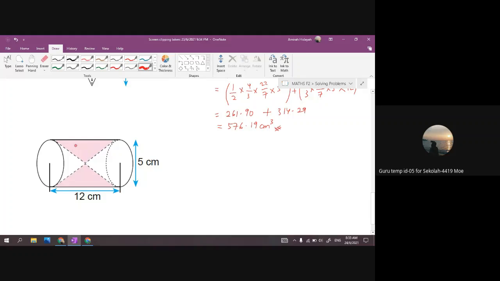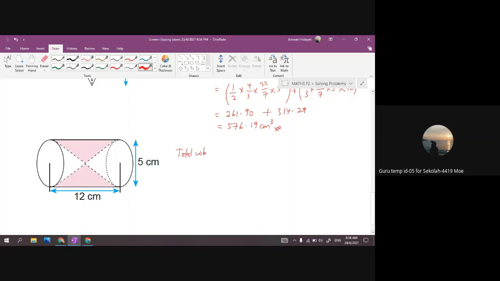Jadi nampak macam piramid dalam ni tapi dia bukan piramid, okay? Bukan triangle. So firstly you need to find the volume of this cylinder lah and then minus with the volume of these two cones. Nampak tak ni? Unshaded region ni sebenarnya adalah cone kan? So ada dua cone. So tolaklah dengan keseluruhan cylinder tu maka kamu akan dapat volume untuk shaded region.